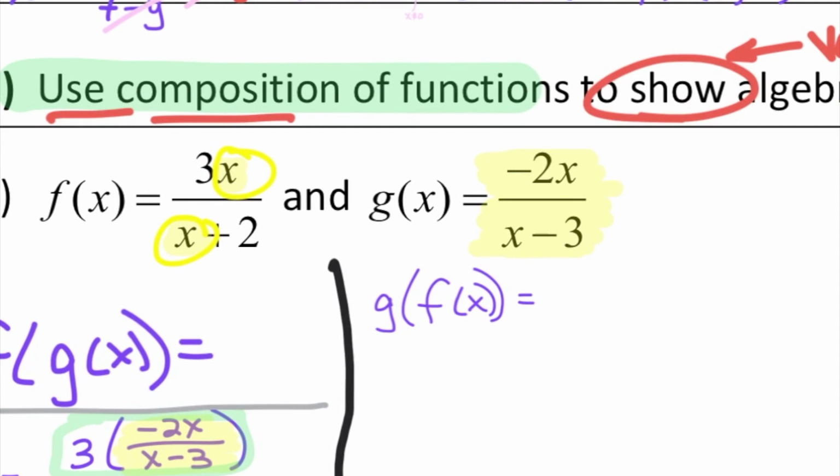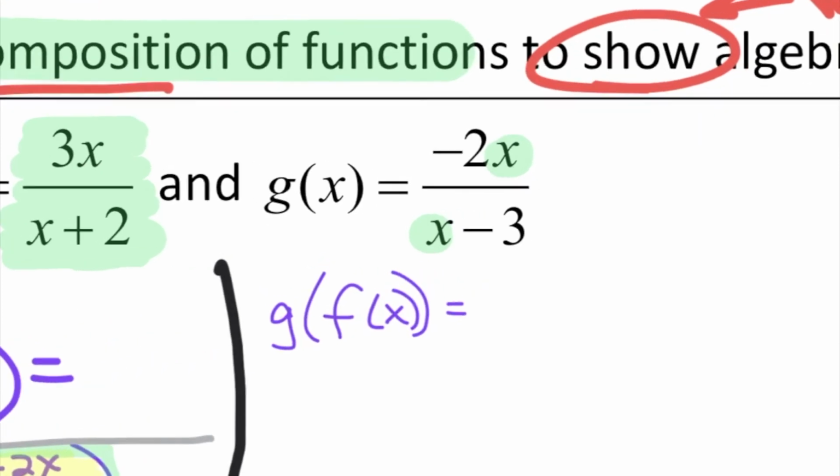So g of f of x, I'm going to go back and erase the scribbles that I made on the functions, and I'm going to switch over colors, and this time I'm taking the function f here, and I'm going to substitute it into the x's in g. And so that is going to look like this.